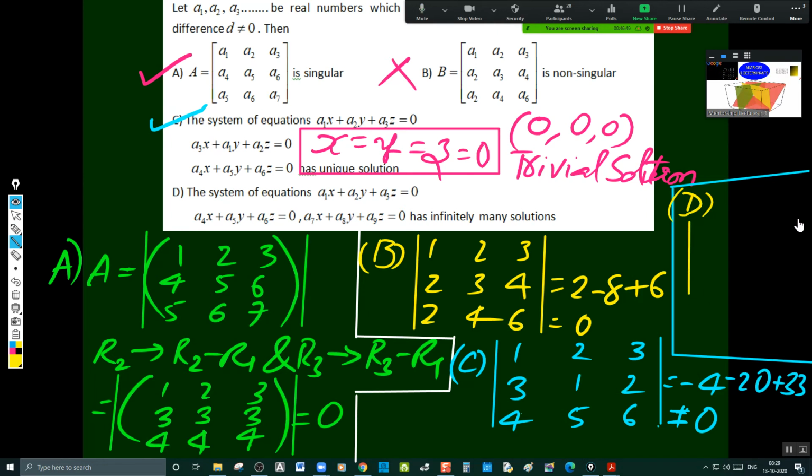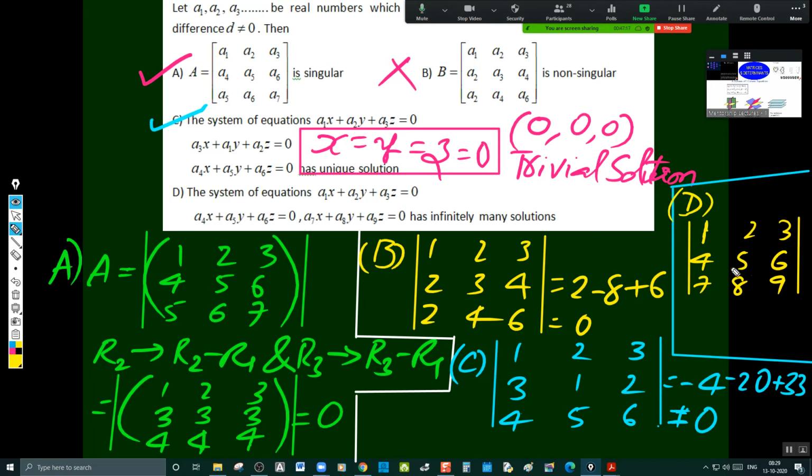Do that. Sir, 0 is coming. It is 0, beta. Zero. Ved Babu. Yes, sir. The determinant is done.